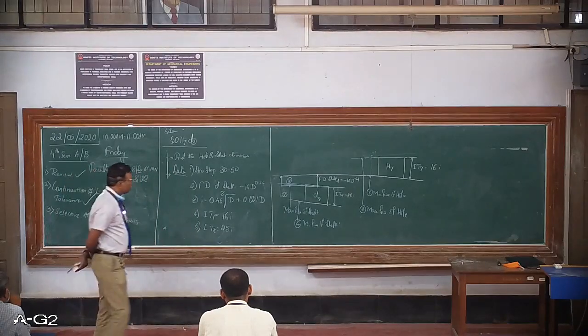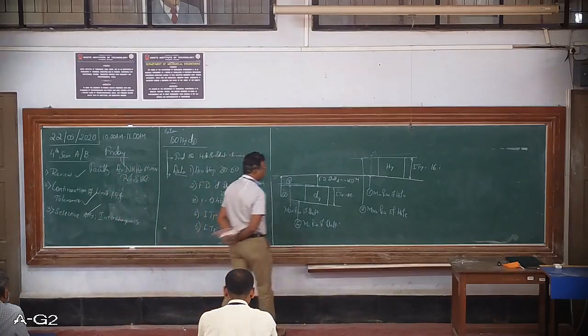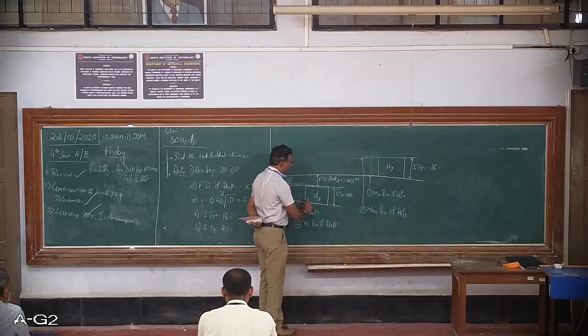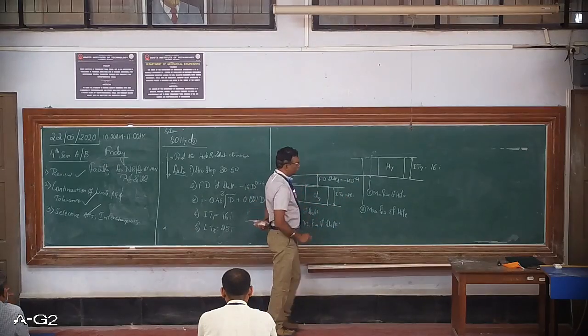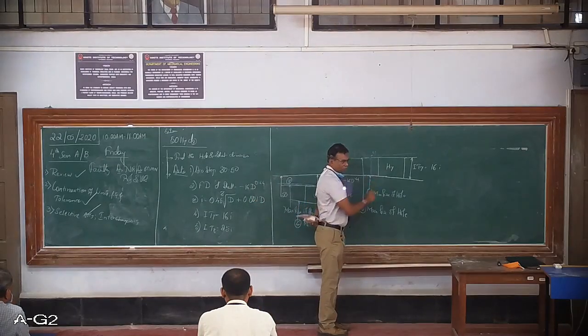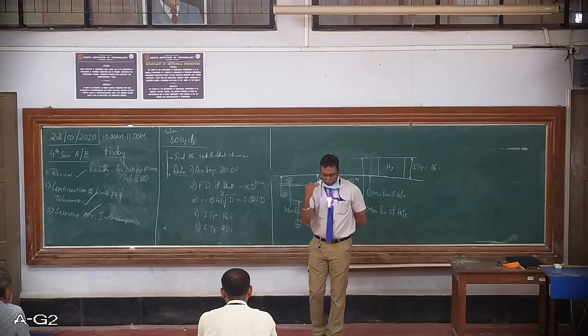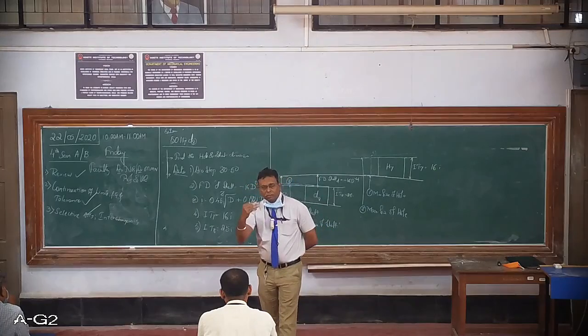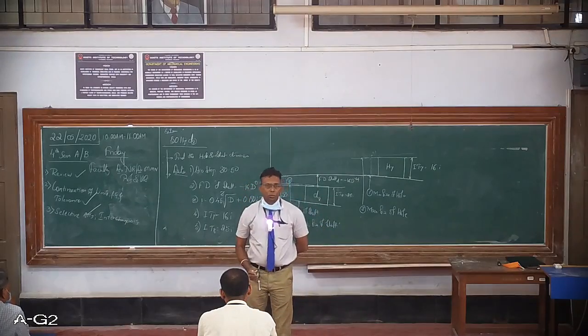In that case, we need to design go and no-go gauges: go gauge for hole, no-go gauge for hole, go gauge for shaft, no-go gauge for shaft. For go, you have two values, minimum go value, maximum. Next, we have to add the tolerances, wear allowance, then again the no-go zone we have to find out.